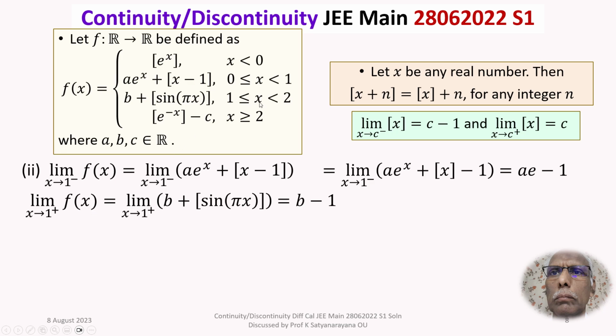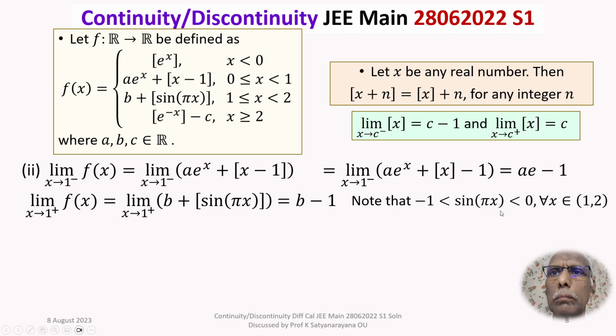The right hand limit, x tends to 1 plus of f of x. 1 plus means this branch you have to consider, and this is b plus bracket sine pi x, which is equal to b minus 1. Why? The limit as x tends to 1 plus of b is a constant, b as it is, and the limit of bracket sine pi x is minus 1. Why?